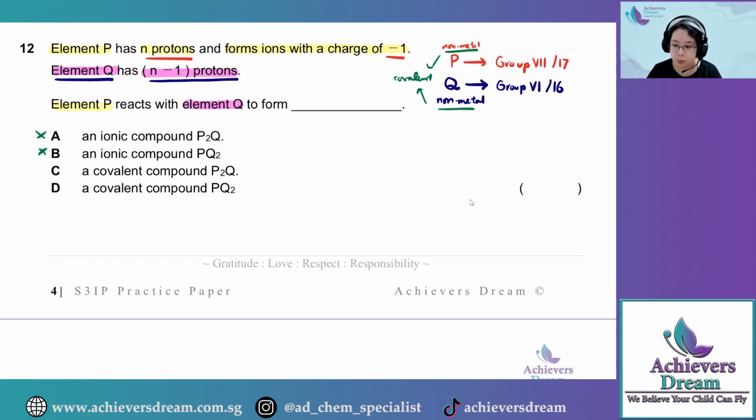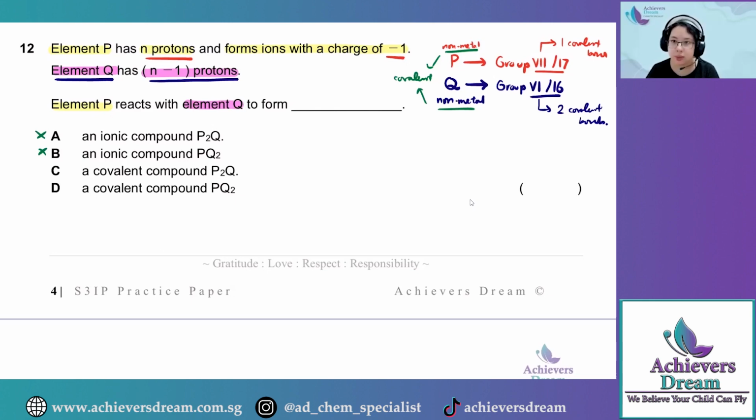Okay, so P is in group 17 or 7, so it needs to form one covalent bond in order to get a noble gas configuration. Whereas Q, being in group 6 or 16, needs to form two covalent bonds in order to get its noble gas configuration.